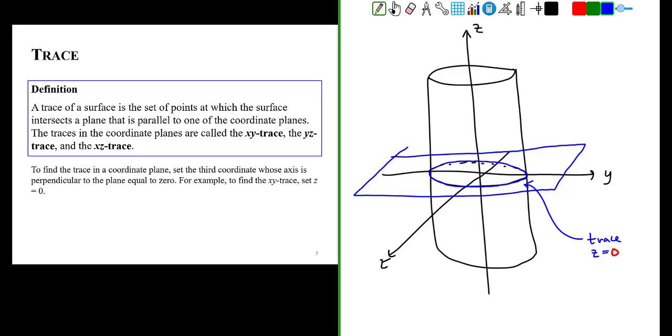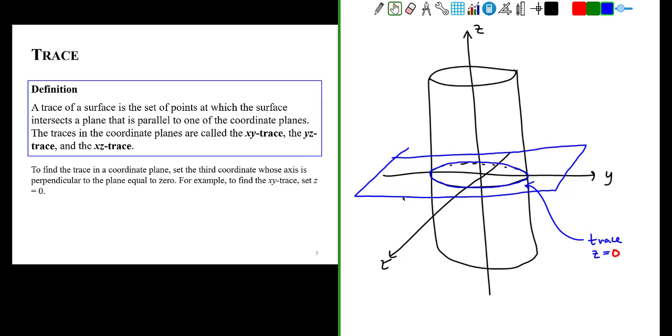Let's go ahead and move this plane from the value of z equals 0. Let's now take a different plane. We'll put it on the positive z-axis. We'll just call this coordinate z1.